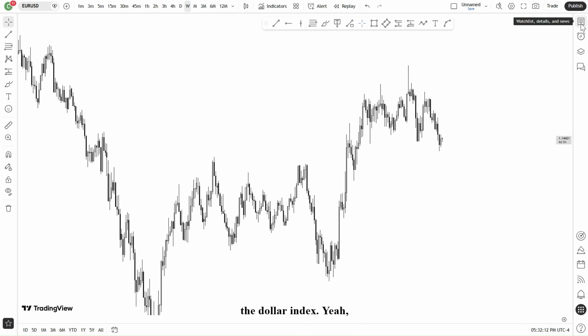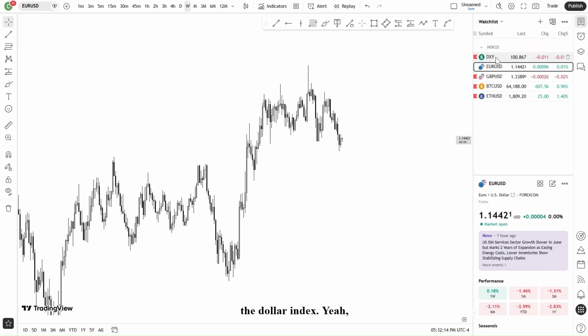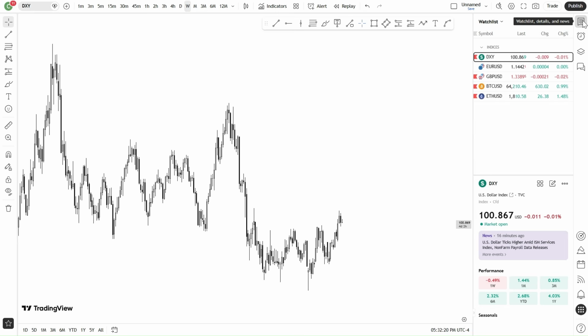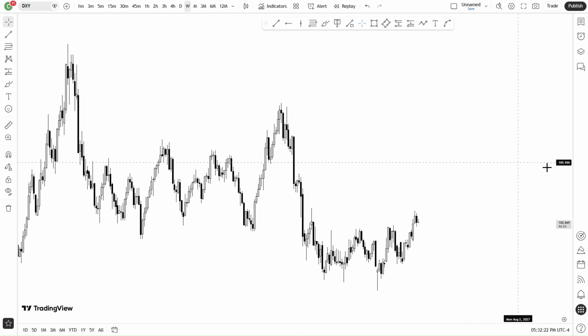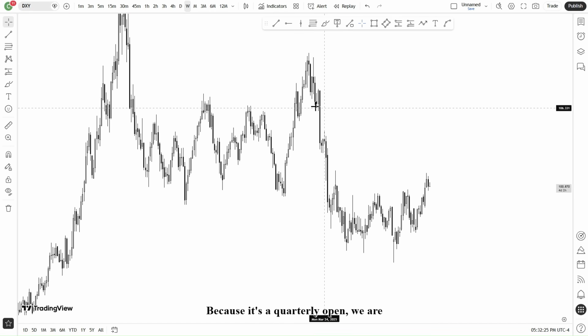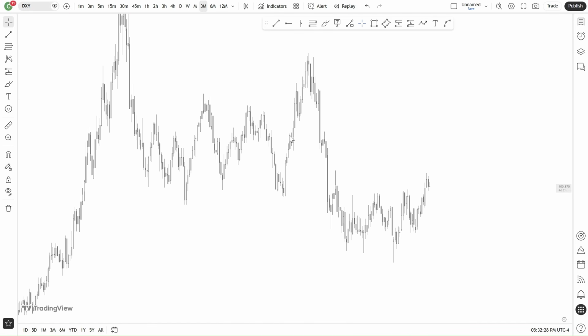Let's go to the dollar so that you guys will see. Because it's a quarterly open, we are going to the 3 months time frame.